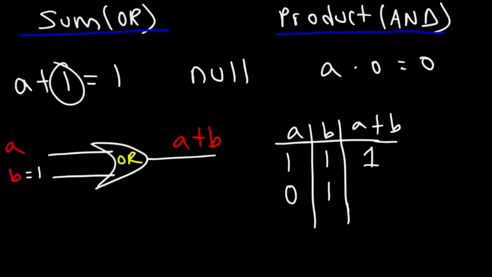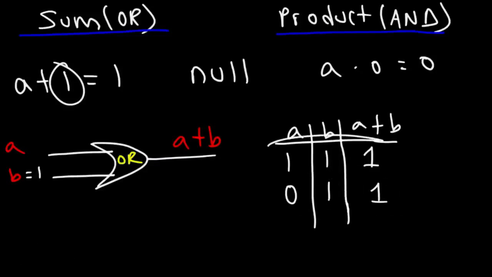So we're going to give it a value of 1. Here, B is on, A is off. So if one of the inputs is on, for the OR gate, the output will be on. So in this case, if A and B are in the on state, we can see that the output is 1. Here, if B is on, A is off, the output is still 1.